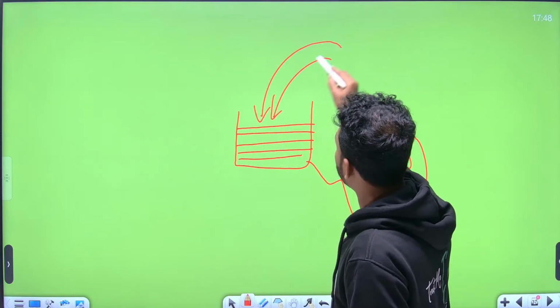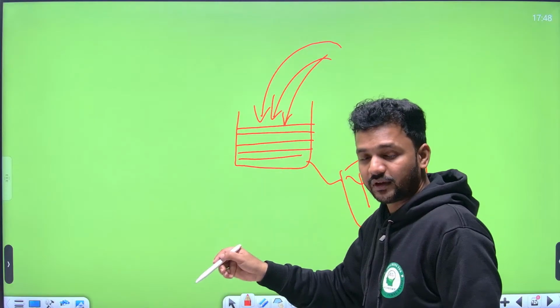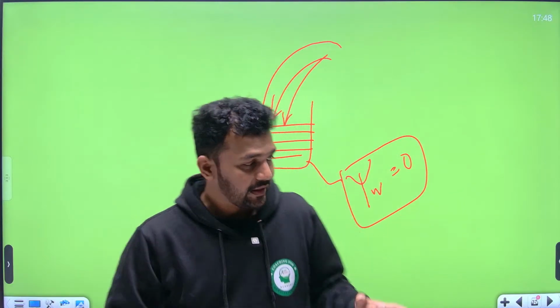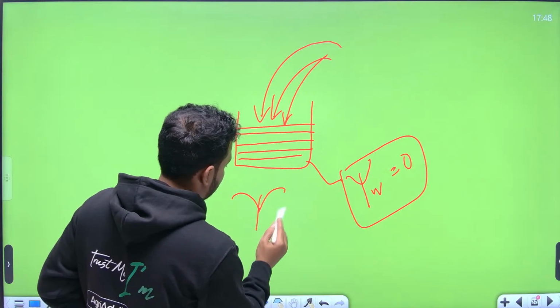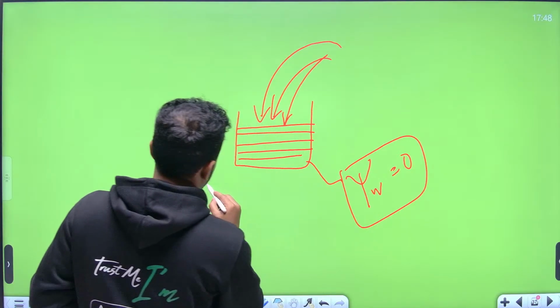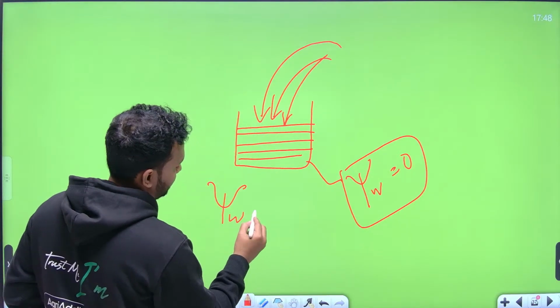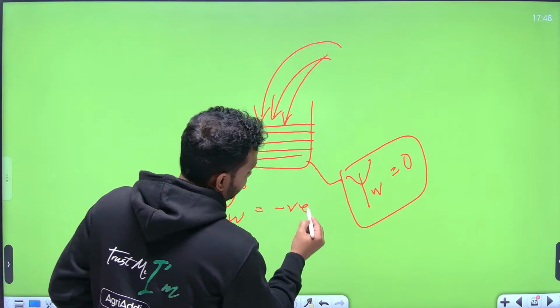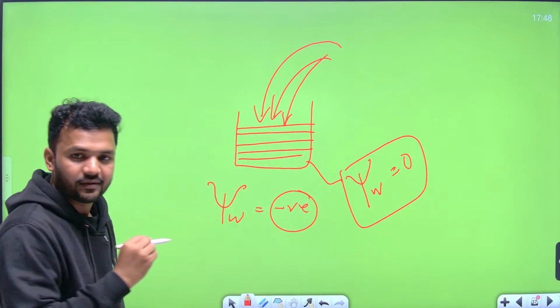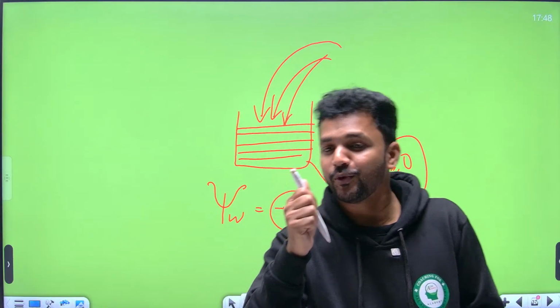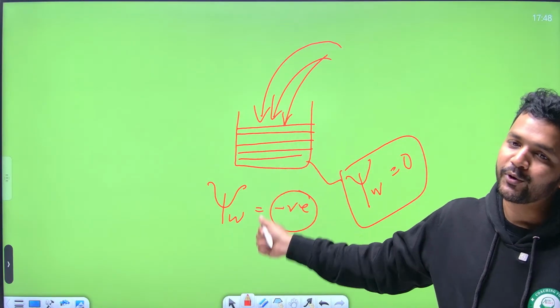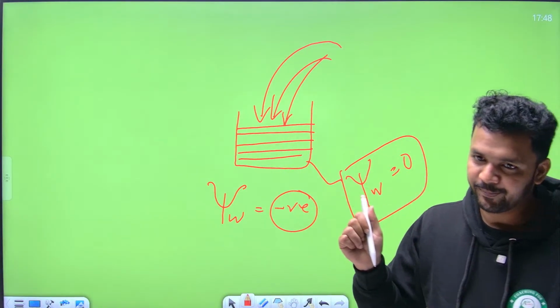If we add solute into it, the water potential is decreased. It means the water potential becomes negative. So for every solution, if it is not pure water, water potential would be negative.